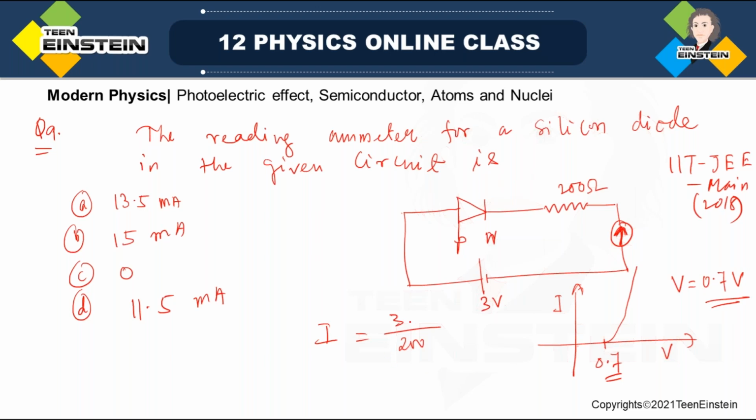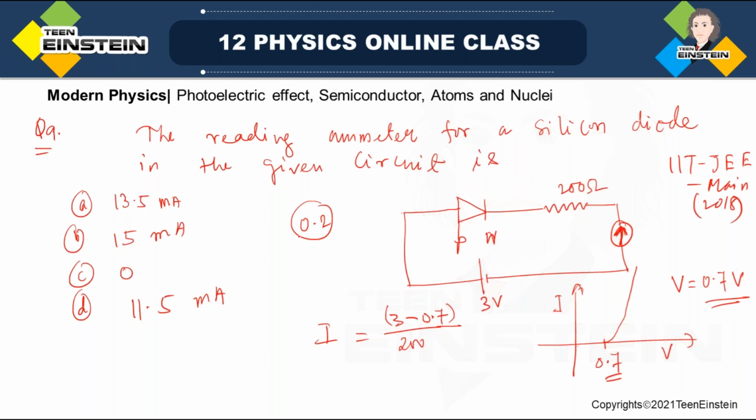You have to spend this much voltage first to make the diode conduct. In case of silicon it is 0.7, and in case of germanium it is 0.2, like that.